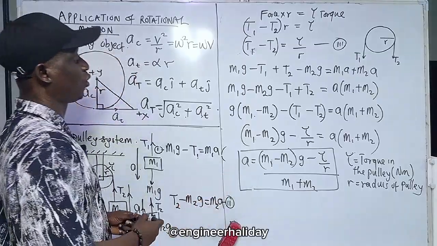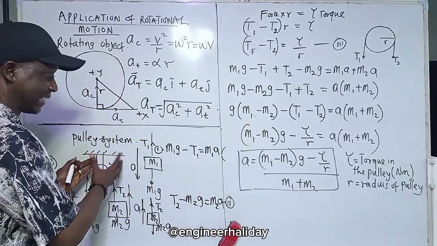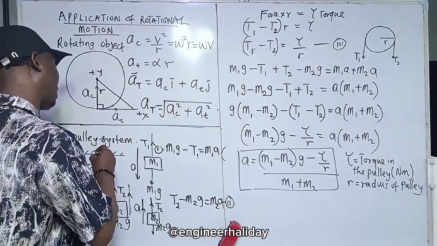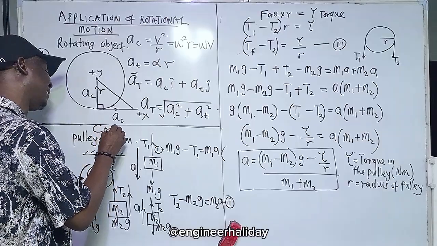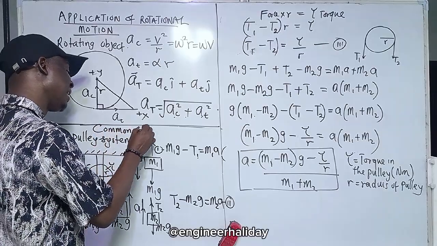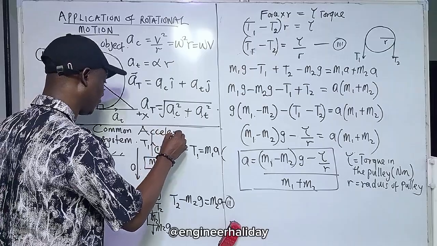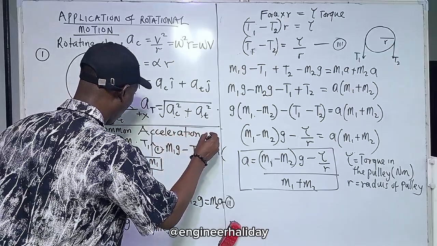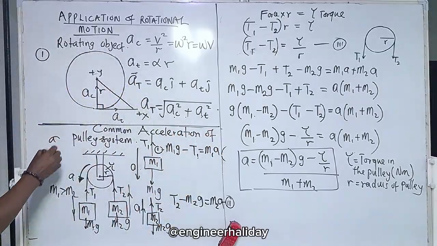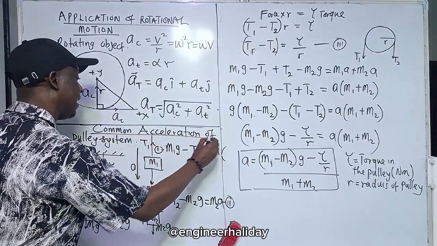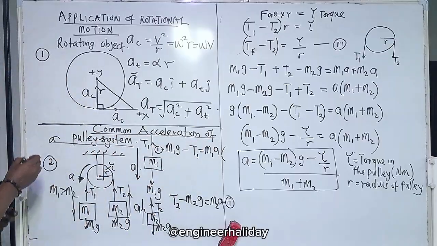With this we can solve for the common acceleration. So what we want to achieve in this pulley system is to find the common acceleration of a pulley system. This is what we want to solve.